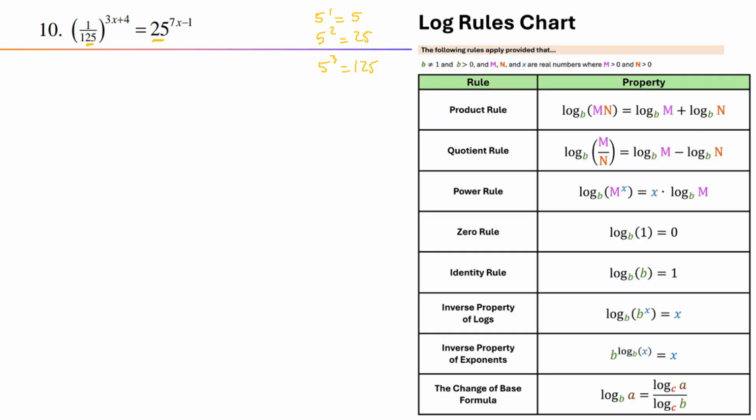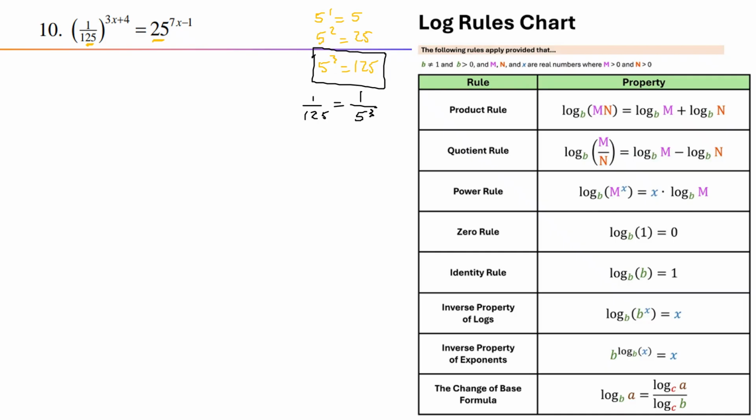So we have 1 over 125, that is 1 over 5 cubed, because 5 cubed is 125.